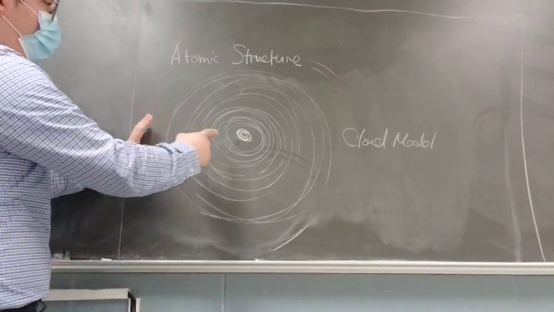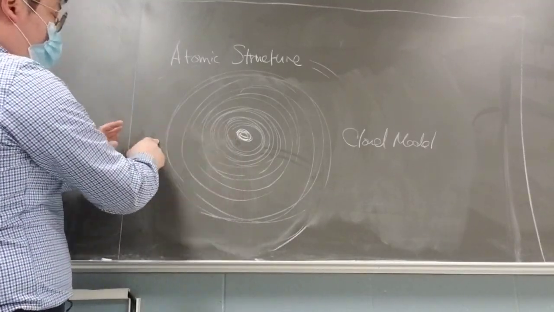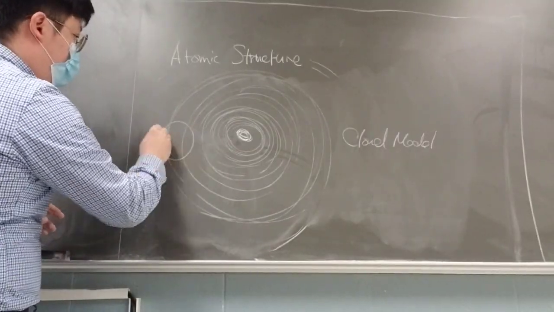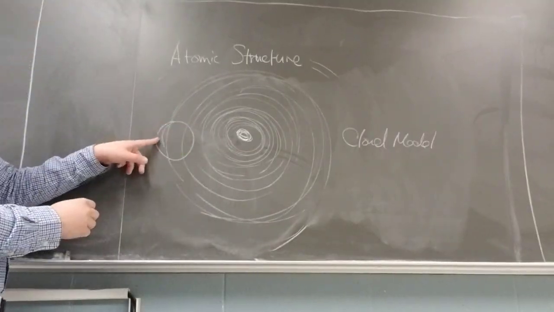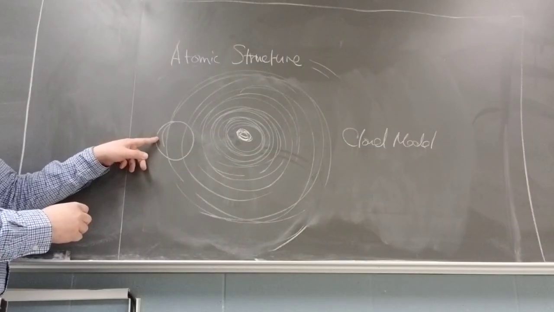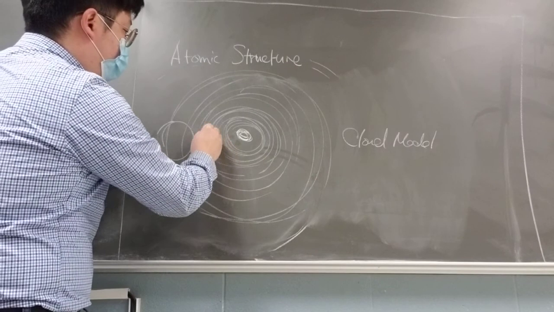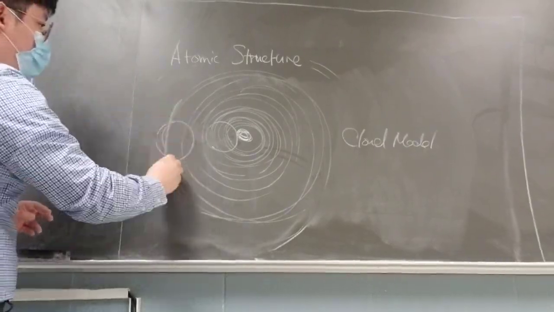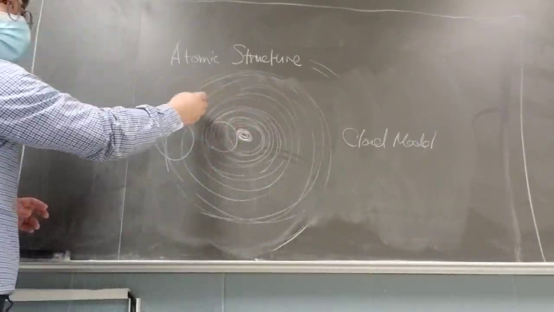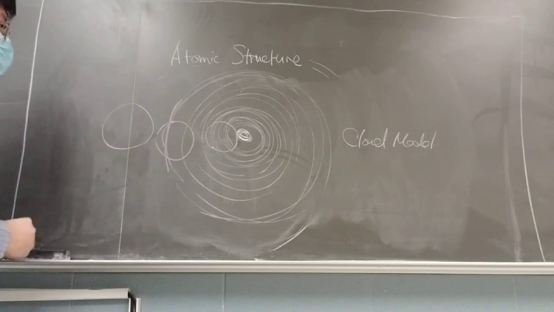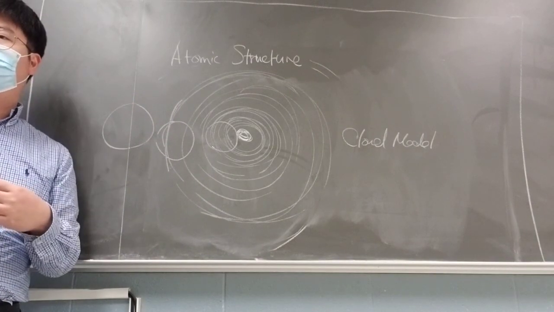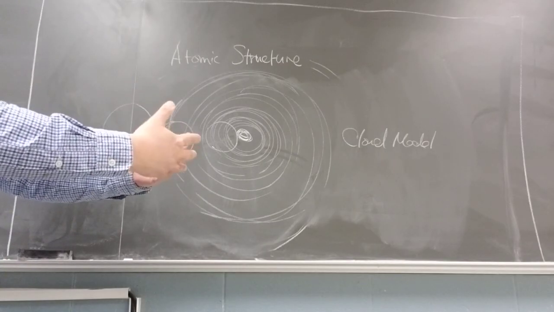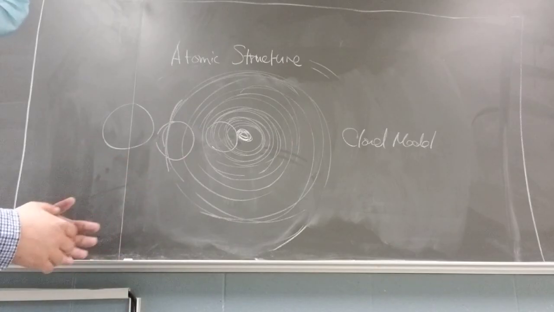If you go from here to here, obviously there will be a very low chance to find the electron, but you definitely have a good chance to find the electron near the nucleus. So it makes sense that if you go out of the atomic size, there's 0% chance of finding any electron over there. So this is a more modern model of the atomic structure.